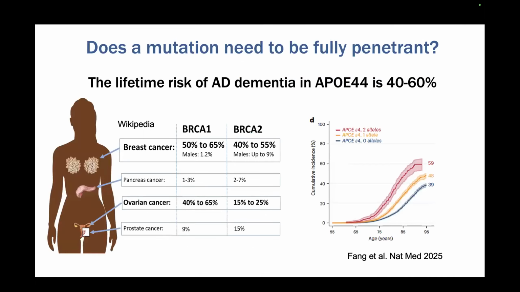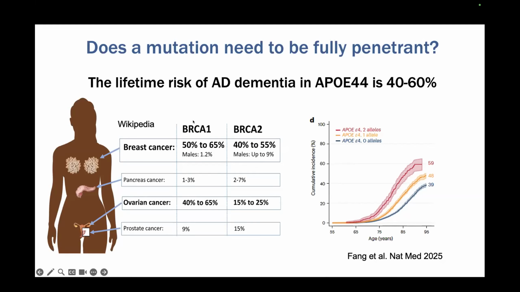So first of all, does a mutation need to be fully penetrant clinically? And I'd argue no. I think this is something that in Alzheimer's we've come to believe because our model for genetically determined AD has been autosomal dominant AD, the presenilin 1, presenilin 2, and APP mutations that do have full clinical penetrance. But let me just look outside of neurology, for instance.